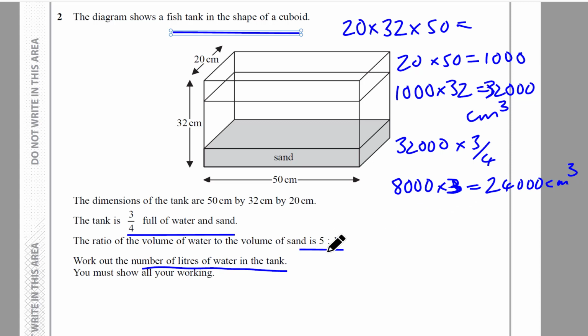So we've got to share. There's 6 parts here. So we're going to find one part, which we're going to do just 24,000 divided by 6. And we know that's going to be 4,000.